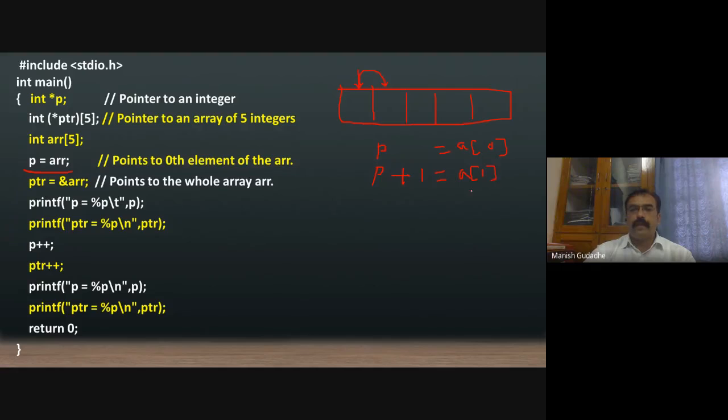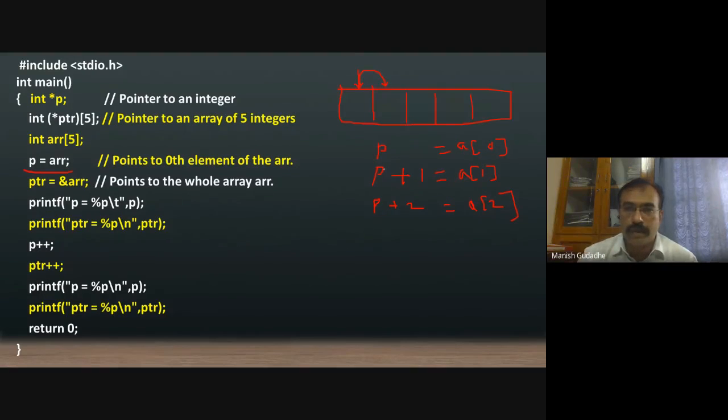Similarly, if I am adding 2 to it, P plus 2 will point to A of 2. Why I am telling you this is, with the increment of a pointer variable, I can refer to the next element of the array.